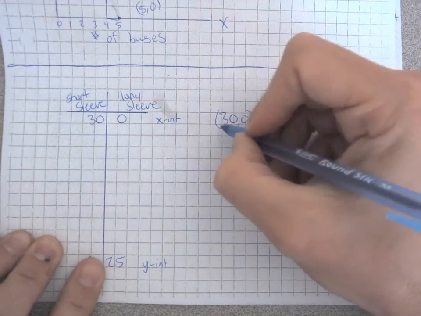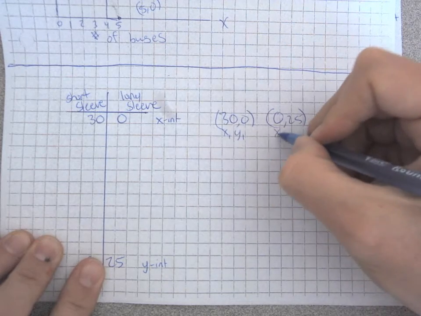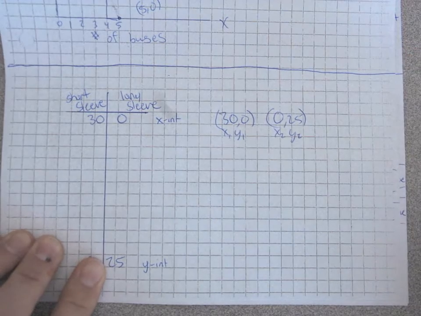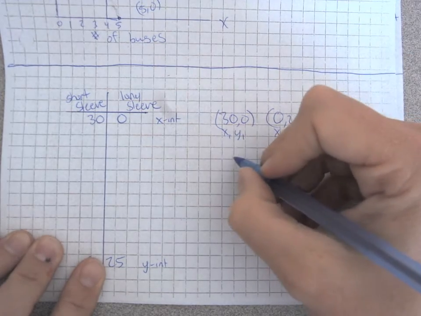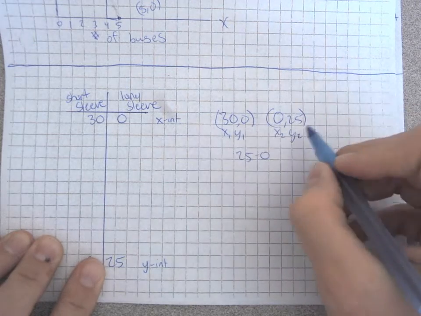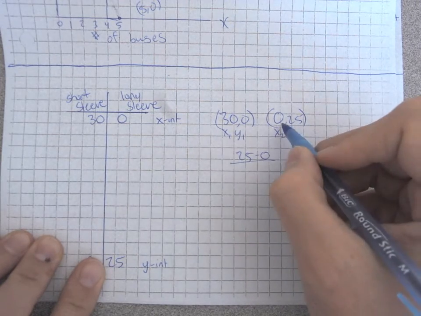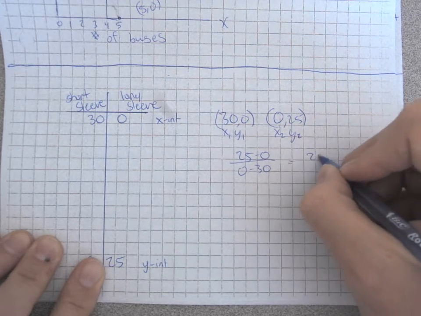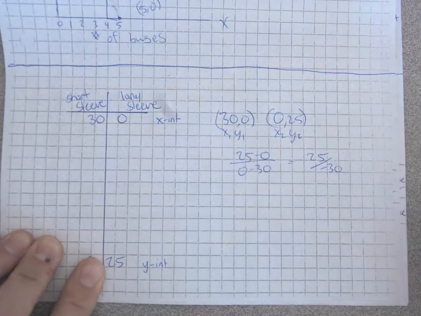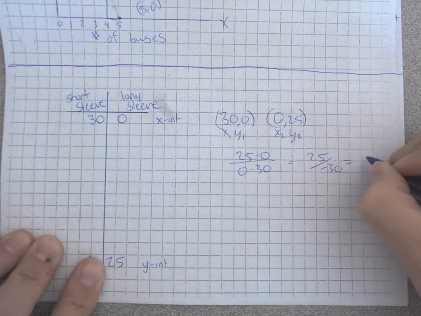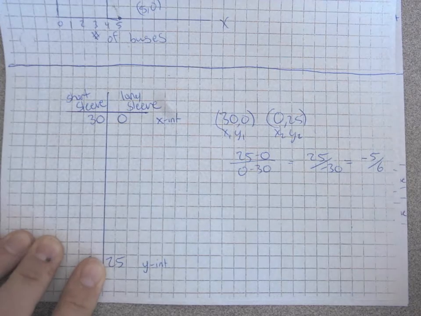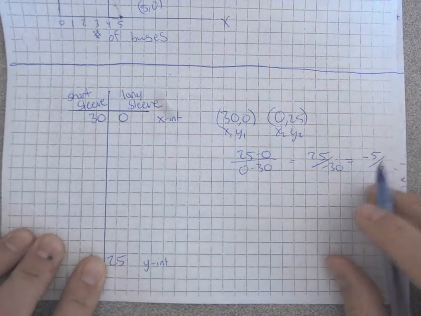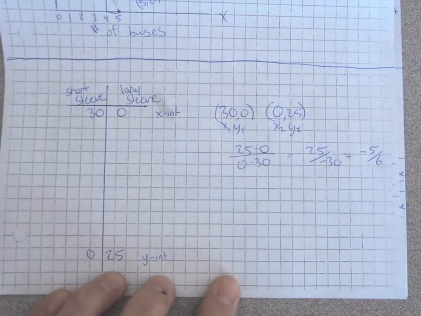If this is x1, y1, and this is x2, y2, then the slope will be 25 minus 0, y2 minus y1, over x2 minus x1, which would be 0 minus 30. So 25 over negative 30, because 0 minus 30 is negative 30. That's going to simplify to negative 5 over 6. Okay, so this is my slope, but let's think about that in context of the problem.